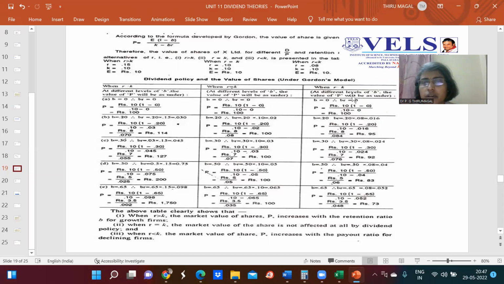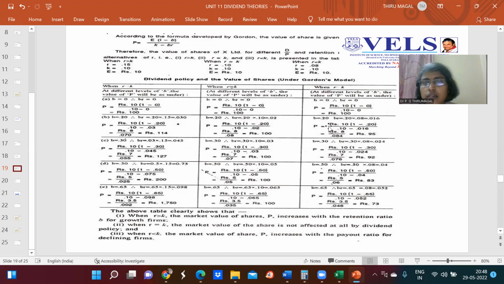Whereas in the declining form, 100% dividend payment will give more share price. So you can see here when retention is 0, which means they have given 100% dividend. At that time, the share price is 100.